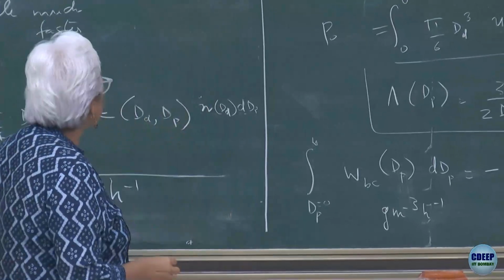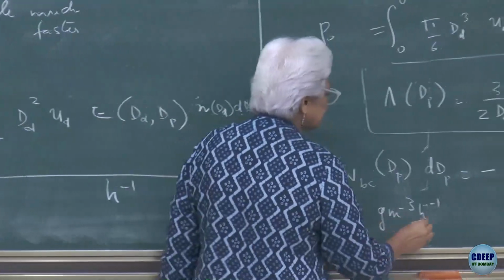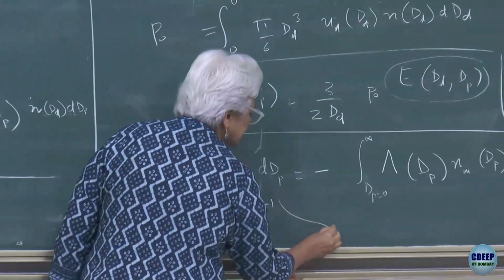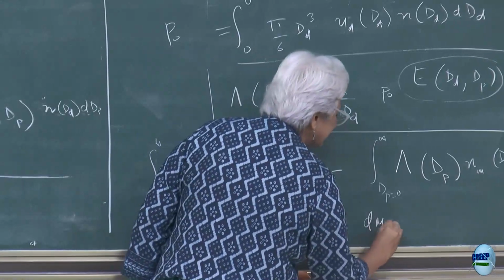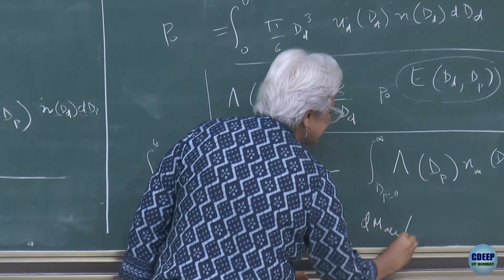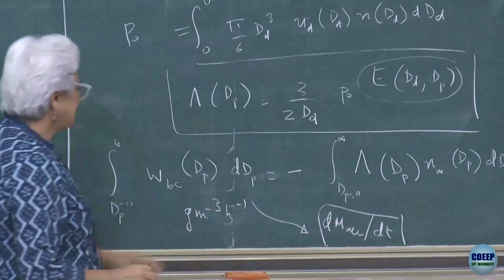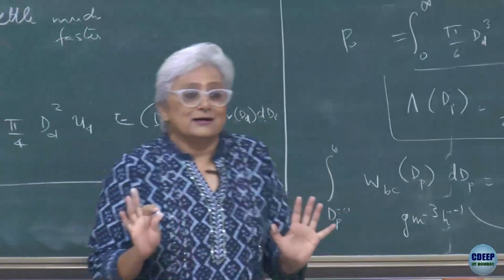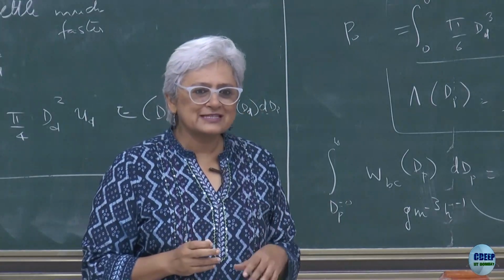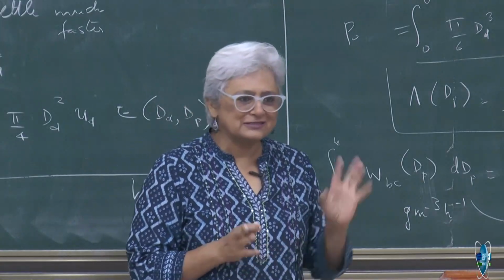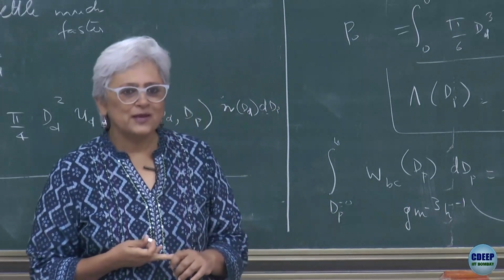But after going through all this, for some sort of odd reason, instead of writing it in this way, the text, which is Seinfeld and Pandis, essentially end up calling this thing a mass of aerosol change per unit time and all that, which is suddenly a new terminology appearing in the middle, which, well.